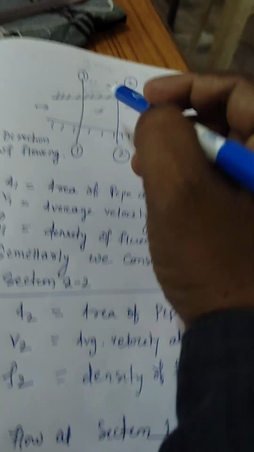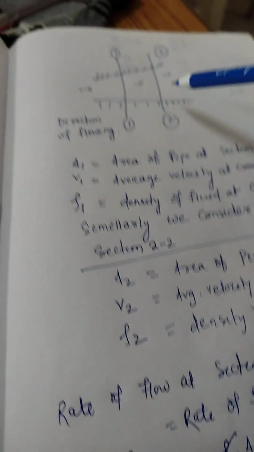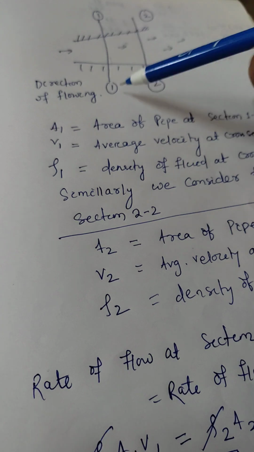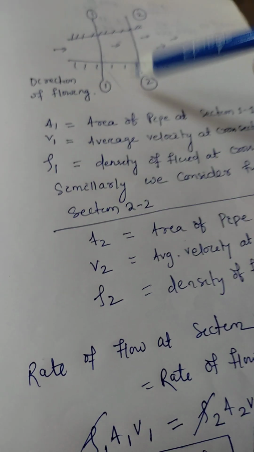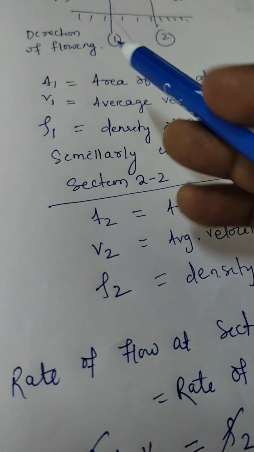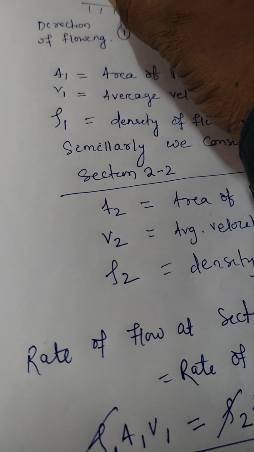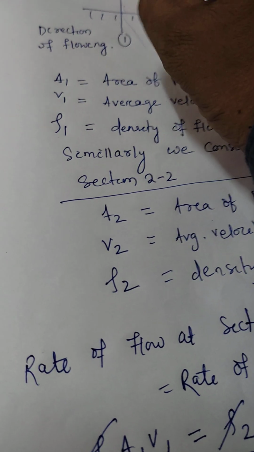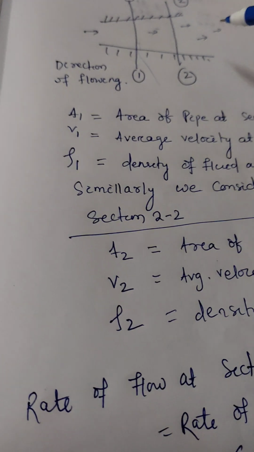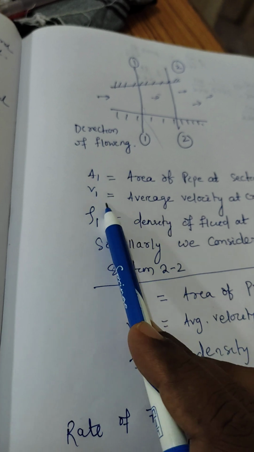Here we take a pipe of varying cross section. For the derivation, we take two sections, section 1 and section 2. According to conservation of mass, the mass flowing at section 1 equals that at section 2. We consider three terms: A, V, rho.